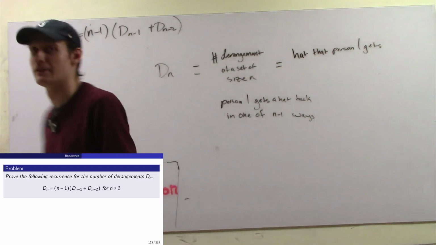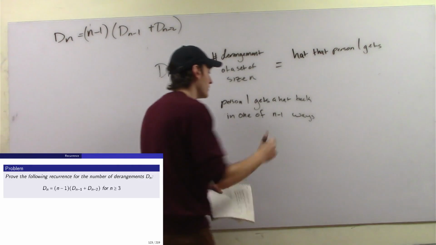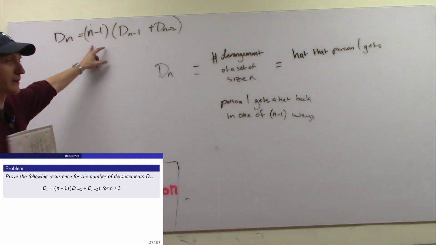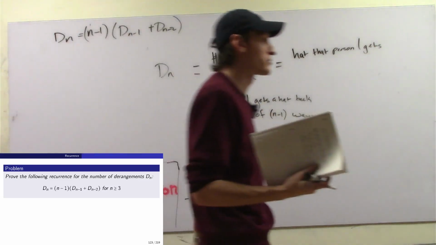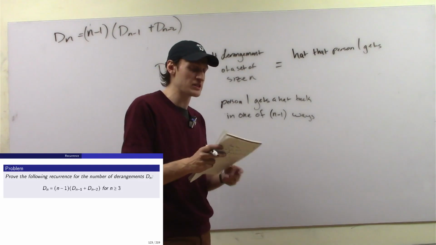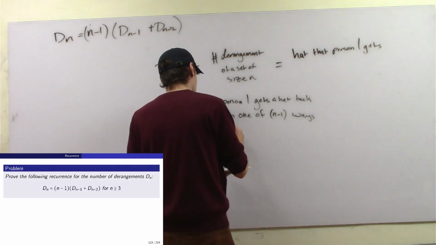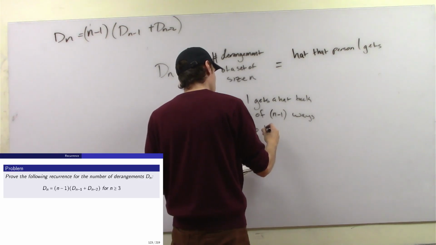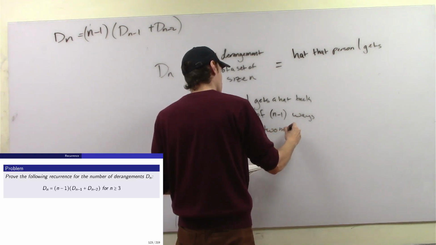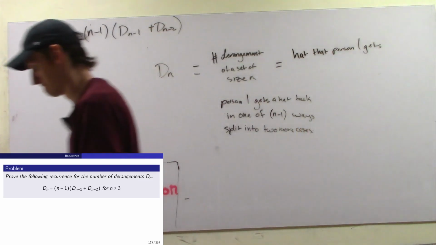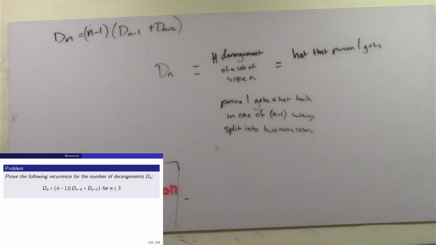This n minus 1 here should be reminding us of this thing right here. So after they get their hat back, we have all these different cases based off of which hat they get, and then we split into 2 more cases, subcases.